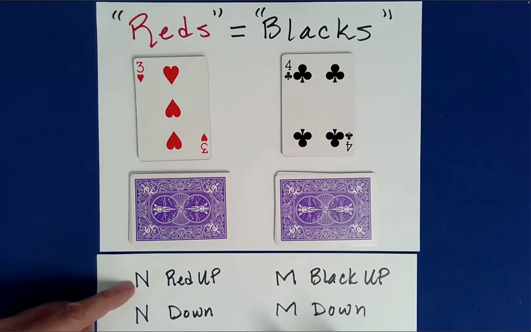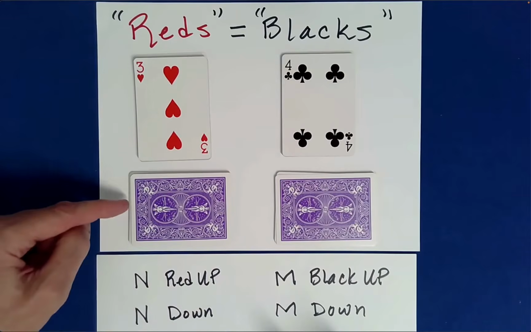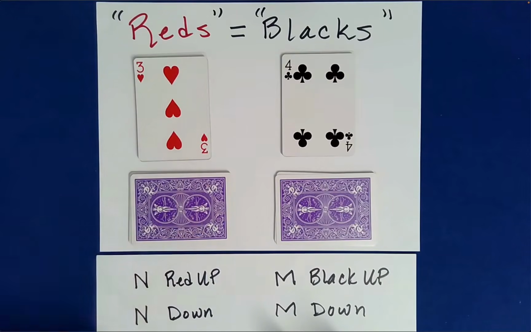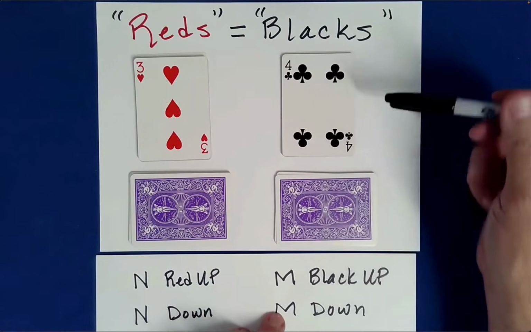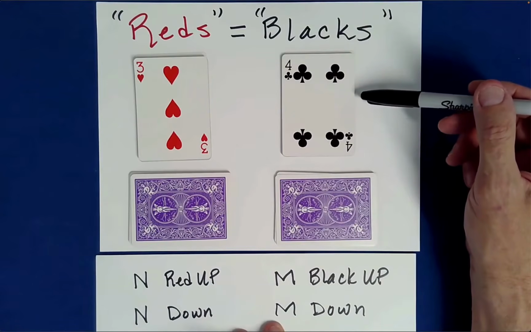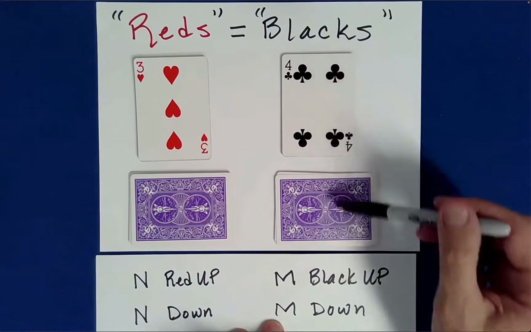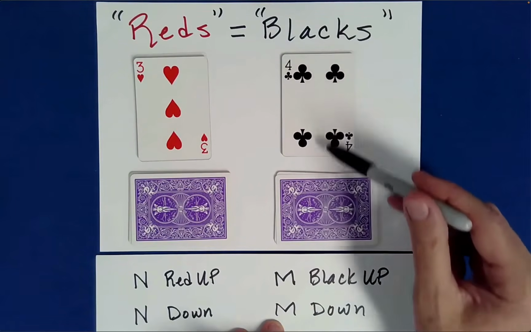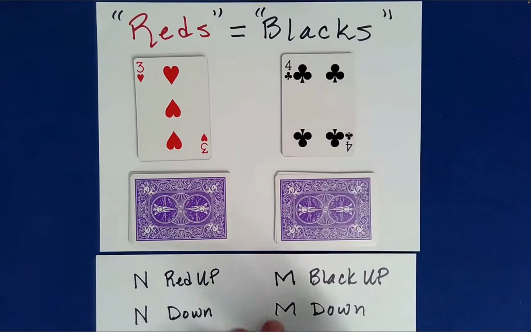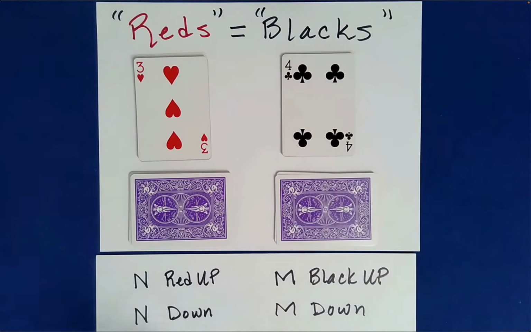So we have n red up-facing cards. Well, that means we also have n cards there. We'll just call it n down-facing cards. Now over here, we have a different number of cards. We'll call it m, and they're black up-facing cards. Well, these two piles also have the same number of cards in them. So we can say this one is a pile of m cards, and they're all down-facing.